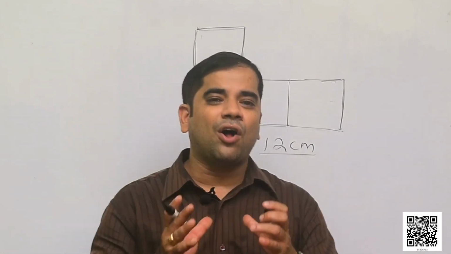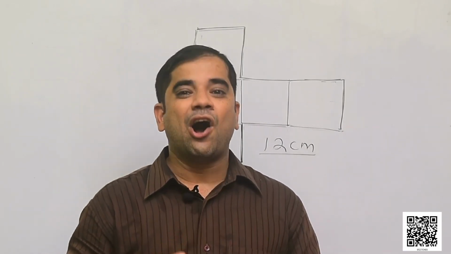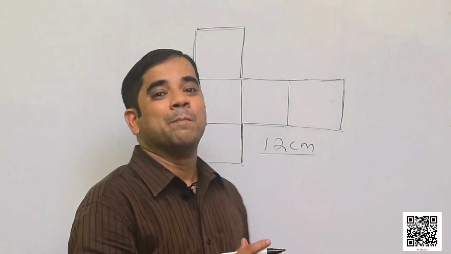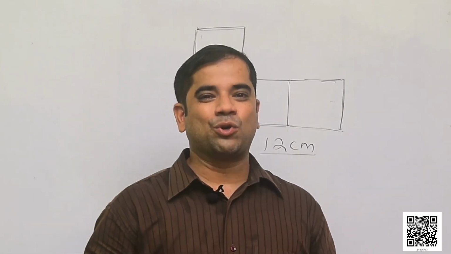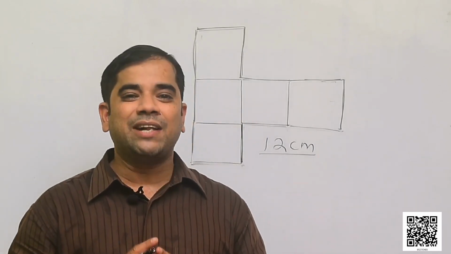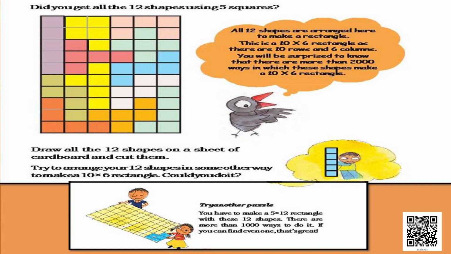You can combine all these 12 shapes to get a rectangle of 10 into 6. That means 10 squares by length and 6 squares by breadth. So, the 10 into 6 rectangle will have all these 12 shapes interconnected to each other.